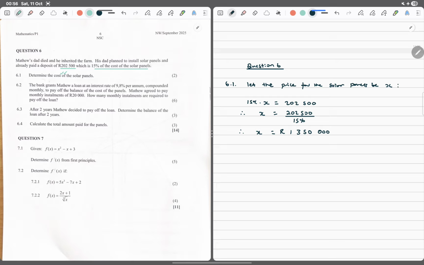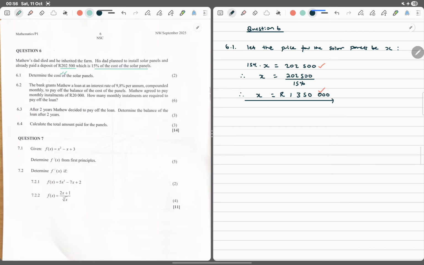Okay, right. So this is the price for the panels. Nice and easy. So this is 2 marks, okay? Perhaps the method and the answer is what matters, or even the answer only can still score 2 marks there.